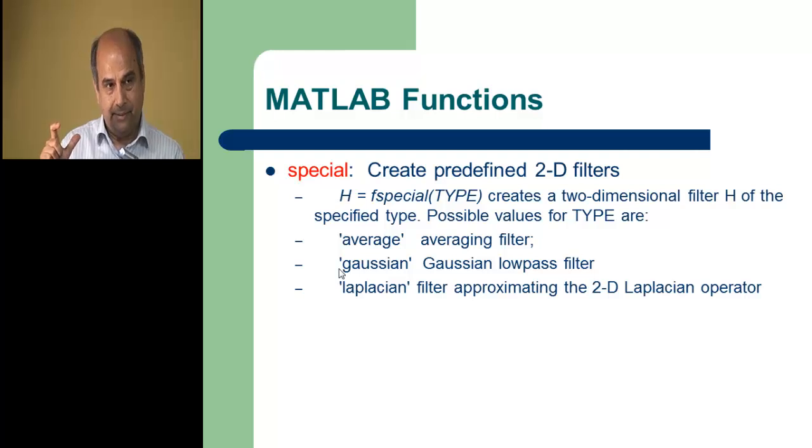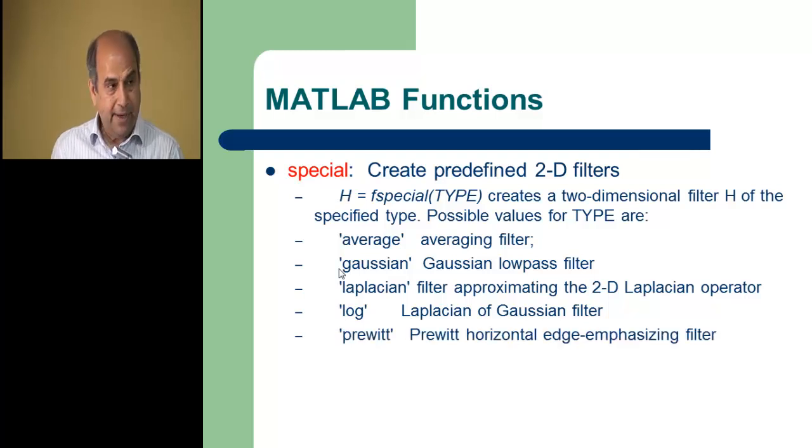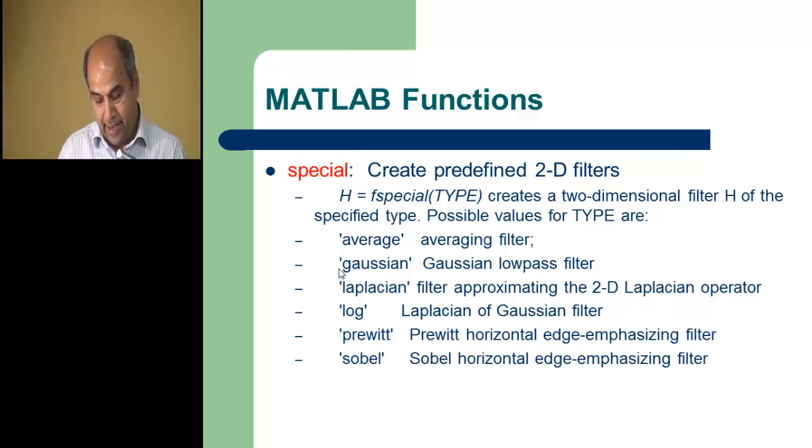Then we have the Laplacian of Gaussian, which is an edge detector. We're going to talk about that. It can generate that also. And then we have a horizontal edge detector, and the Sobel edge detector. It can generate those too.